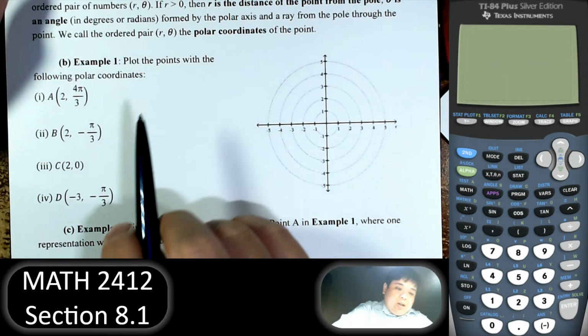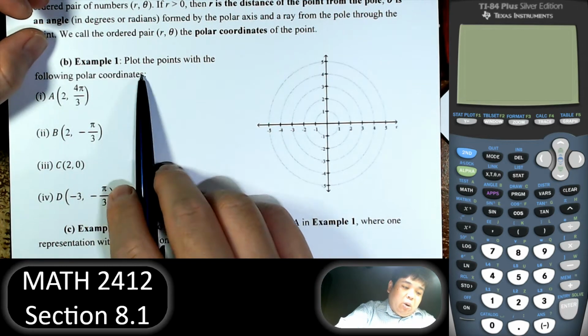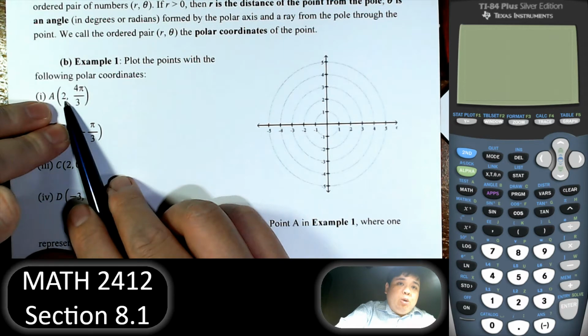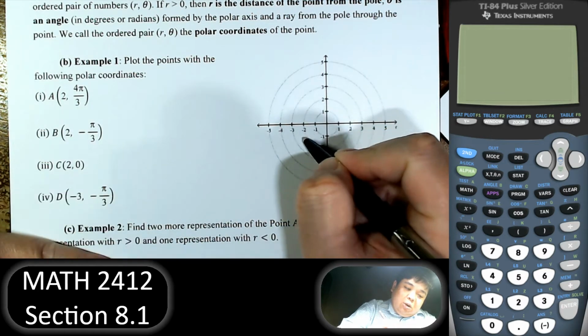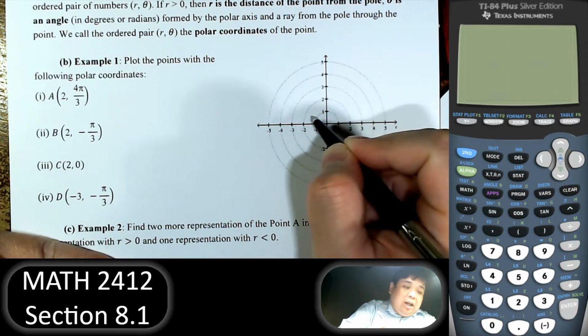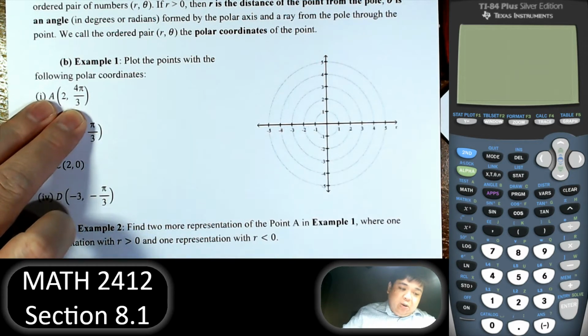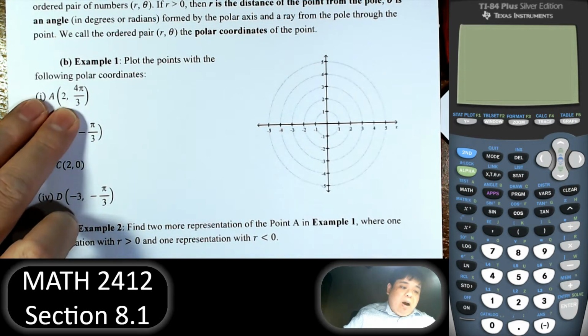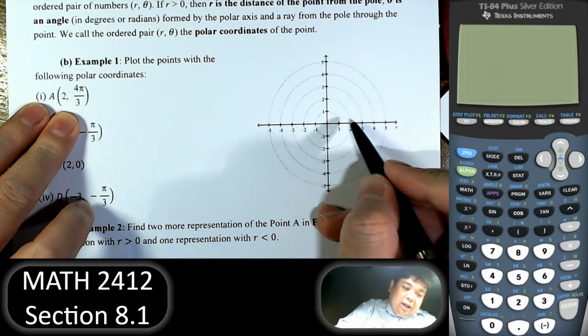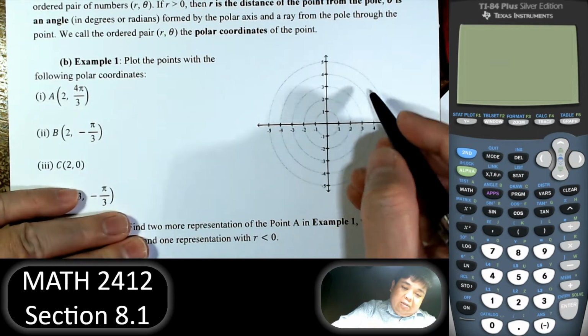Plot the points with the following polar coordinates: 2 and 4 pi over 3. If it is 2, meaning that the distance is going to be 2, so it will be on this circle, and the angle is 4 pi over 3. So 4 pi over 3 is a pi and a third.